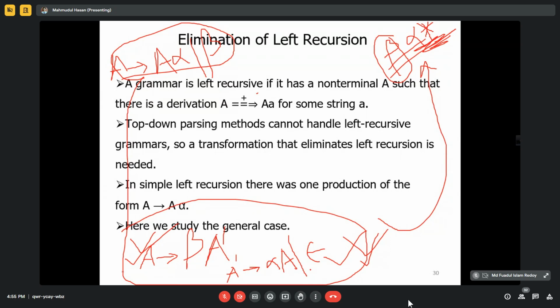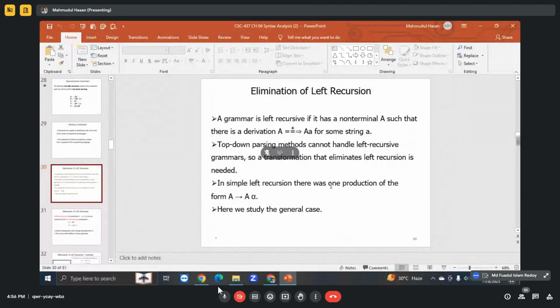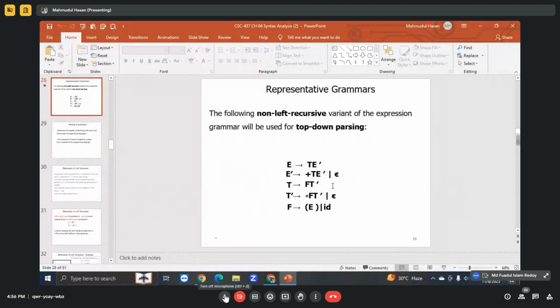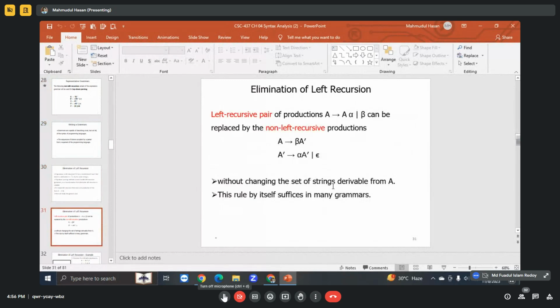So our left recursion problem is solved here. Got it everyone? The last one is not clear.